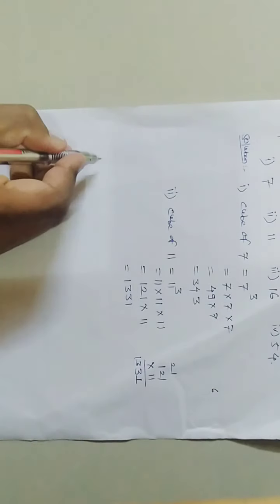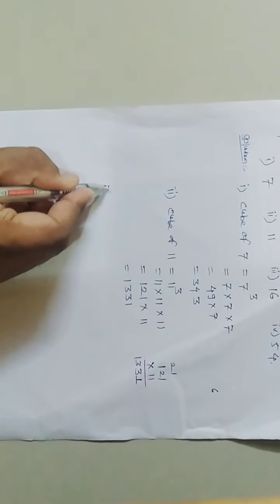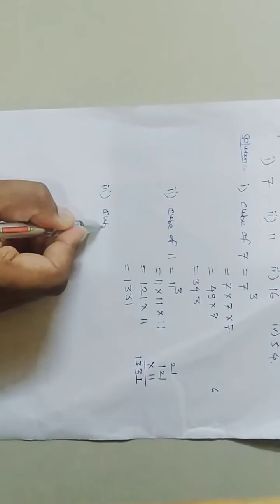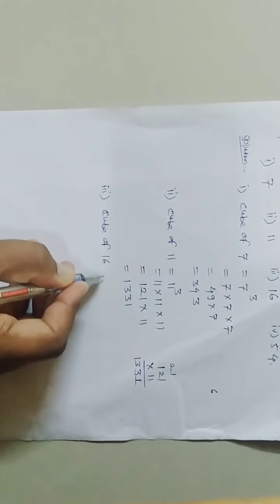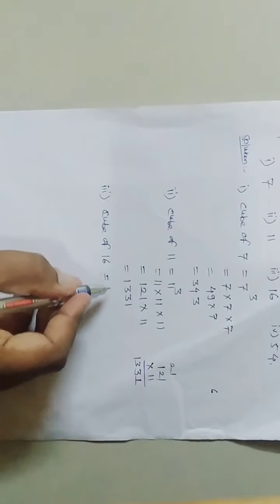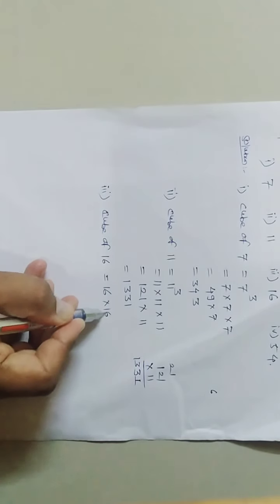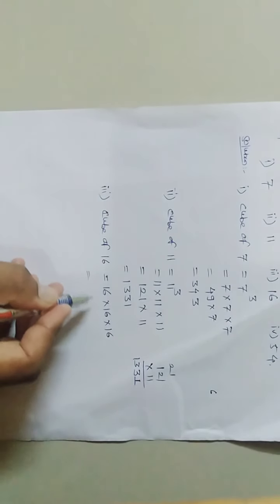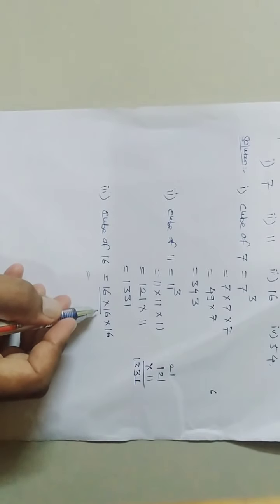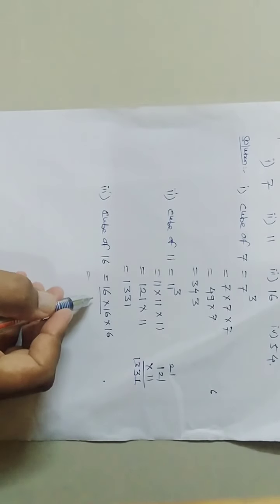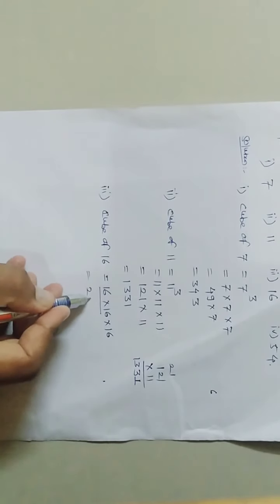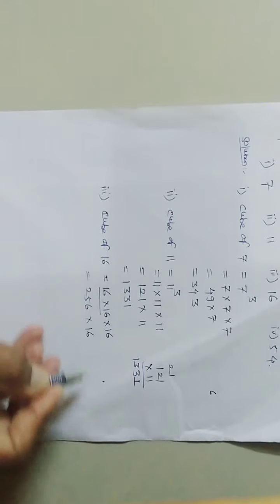Now we'll see the third one. Cube of 16, which is equal to 16 multiplied by 16 multiplied by 16. 16 multiplied by 16 first, we know the 16 square is 256, multiplied with 16.